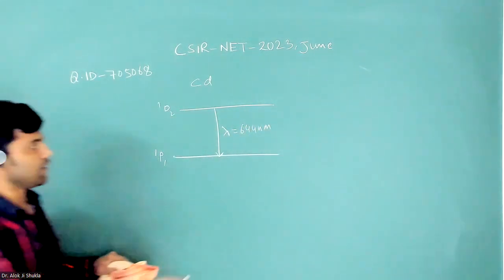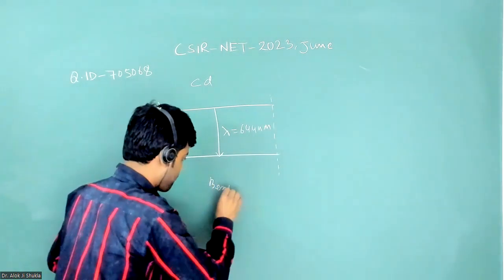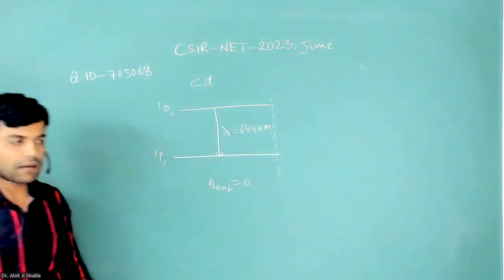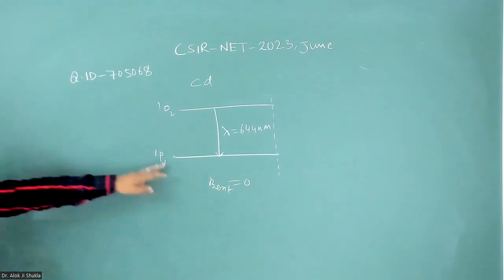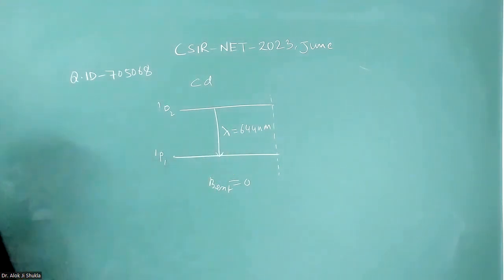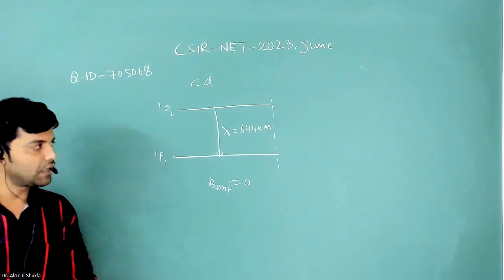This is the case in the absence of any external magnetic field. But in the presence of a weak magnetic field, into how many components will this line be split, that they have asked.